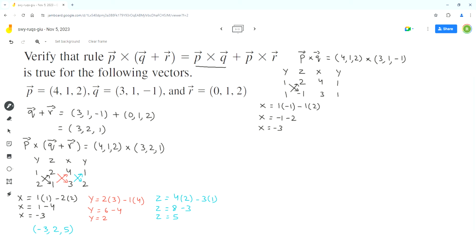Next, we can find the y component by cross multiplying the z and x components. And now we can find the z component.